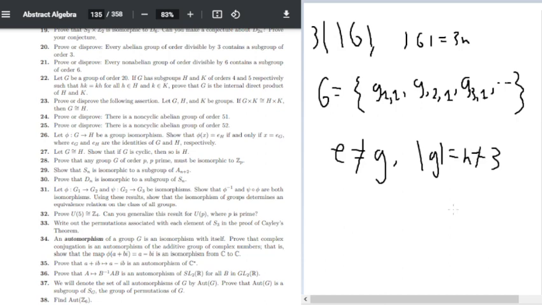Then the cardinality of the group G minus that is equal to 3n minus the order of G. I'll put the brackets around there because this actually refers to a quotient group.